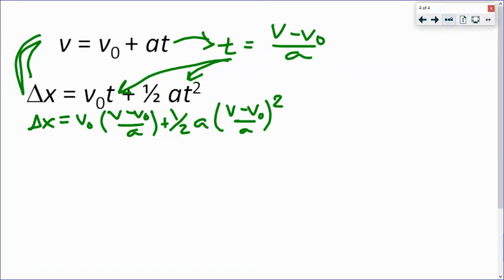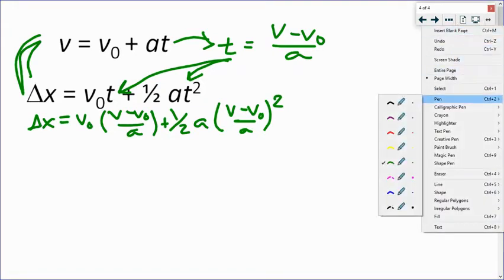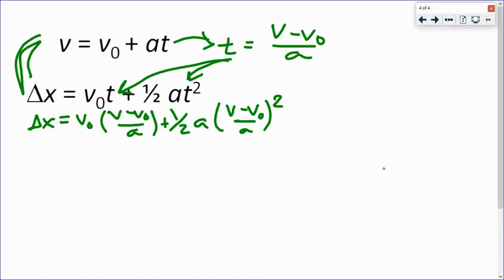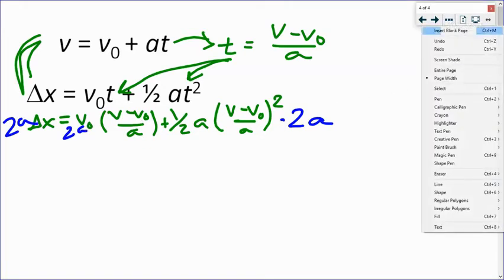Let's start cleaning this up a little bit by multiplying both sides of our equation by 2a. That will get rid of some of our fractions. So we're going to multiply everything by 2a, and 2a. Okay, I know that's a little bit messy.